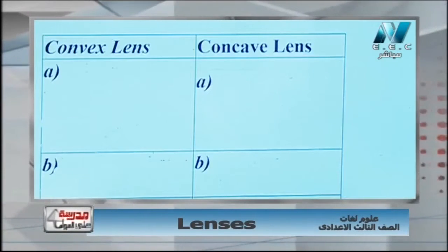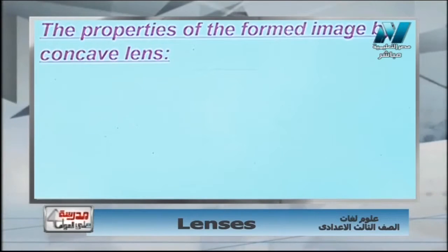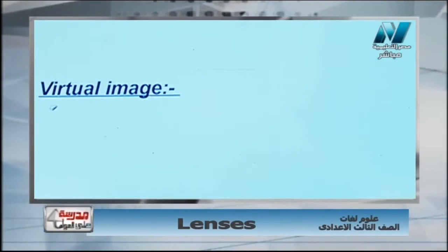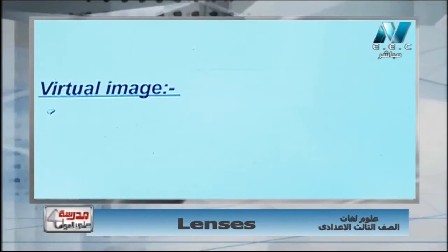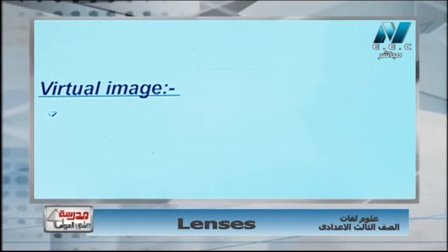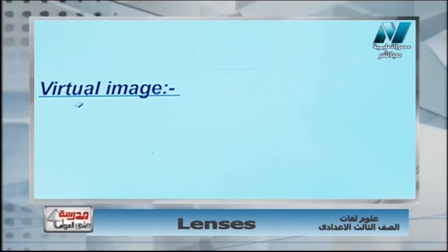Here we have the last case. In the previous episode we learned how to deal with the real image: a real image can be received on the screen, and the image is formed due to intersection of refracted rays, while a virtual image can't be received on the screen, and this image is formed due to intersection of extensions of refracted rays.